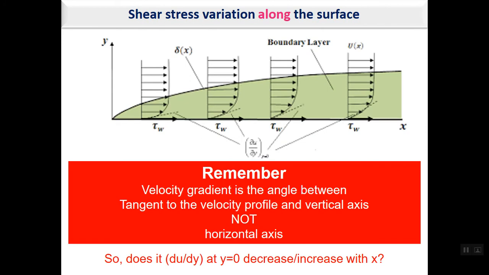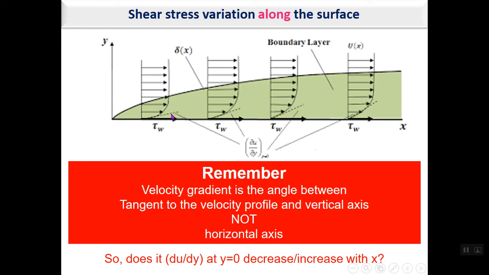Okay, next come to the shear stress variation along the surface. Suppose we have the same situation, a flat plate where free stream velocity is flowing from left to right, a boundary layer is formed on the flat plate, and as you can see, this is the distribution of velocity along the surface.